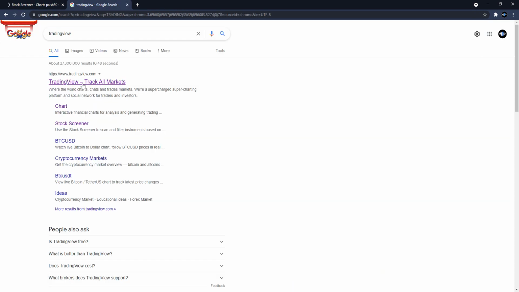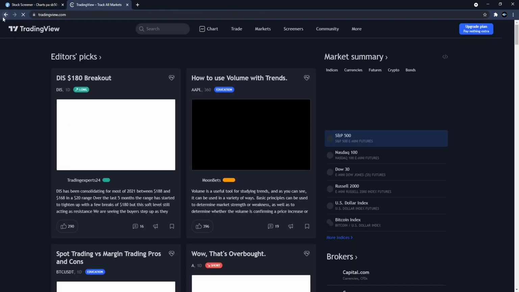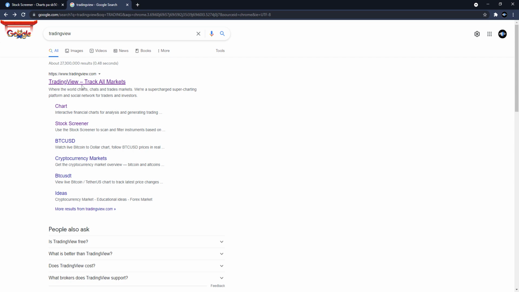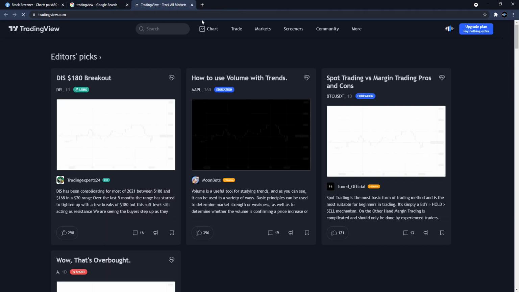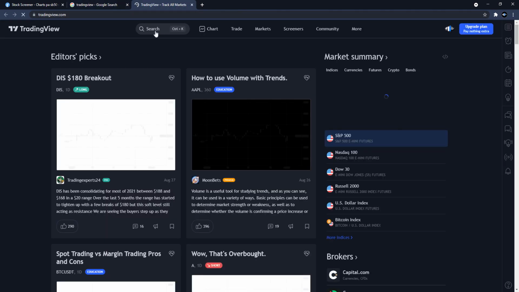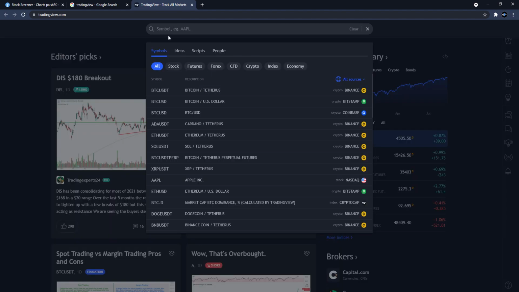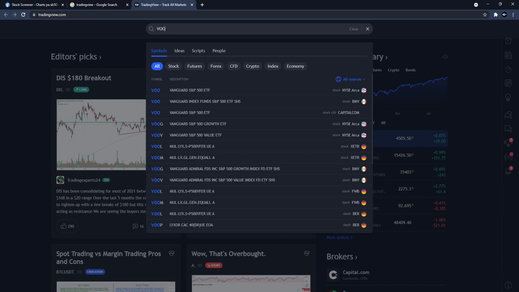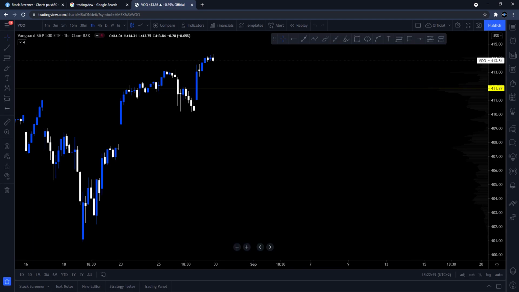If you go on TradingView, get back on a new tab and search for, for example, the Vanguard S&P 500 ETF, VOO.